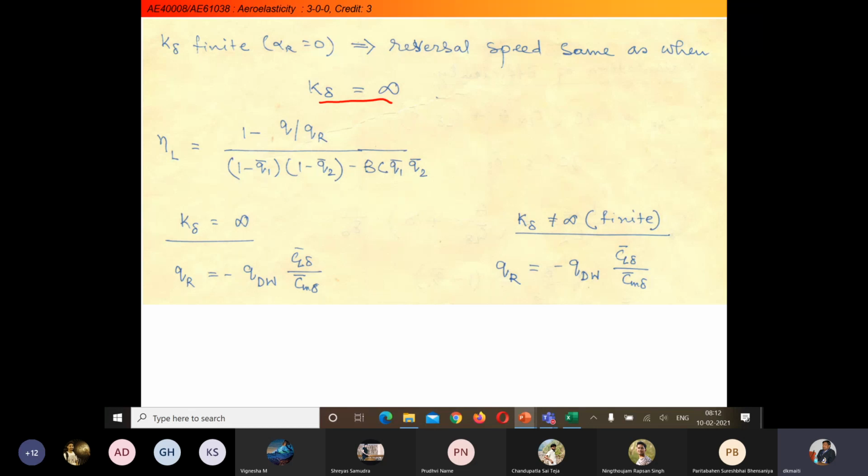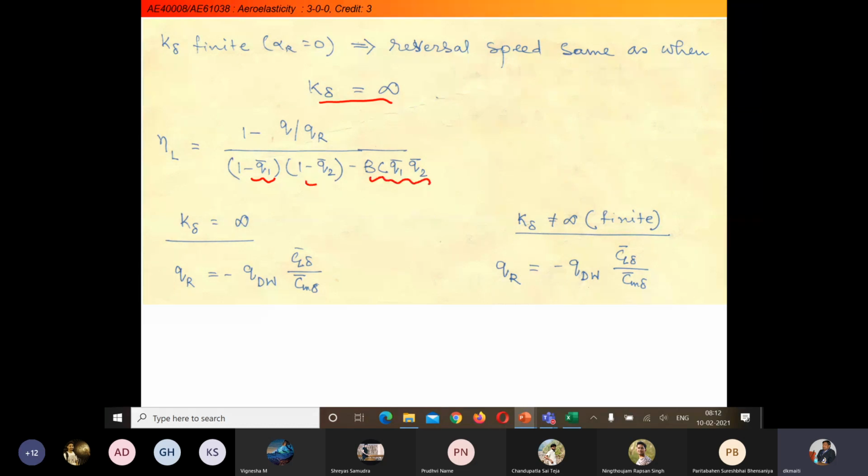If we express it in non-dimensional terms, we have 1 minus Q by QR, whole thing divided by 1 minus Q1 bar multiplied by 1 minus Q2 bar minus BC into Q1 bar Q2 bar.